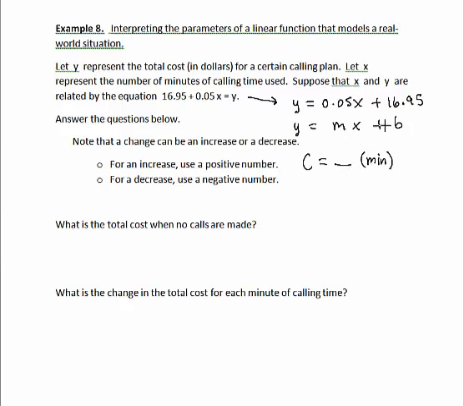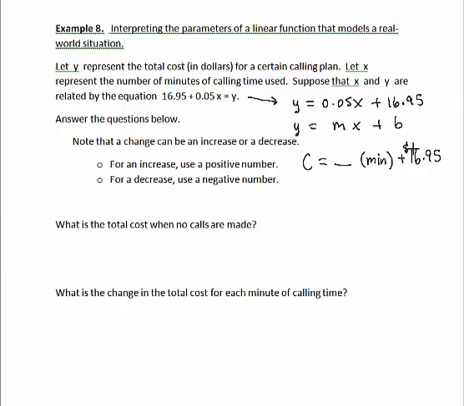Okay, and then we're given 16.95 off to the side. Okay, and this is a dollar amount. Well, what units is the cost going to be in? Is it going to be in minutes? Is our cost going to be so many minutes? No. Our cost is going to be represented in units of dollars.